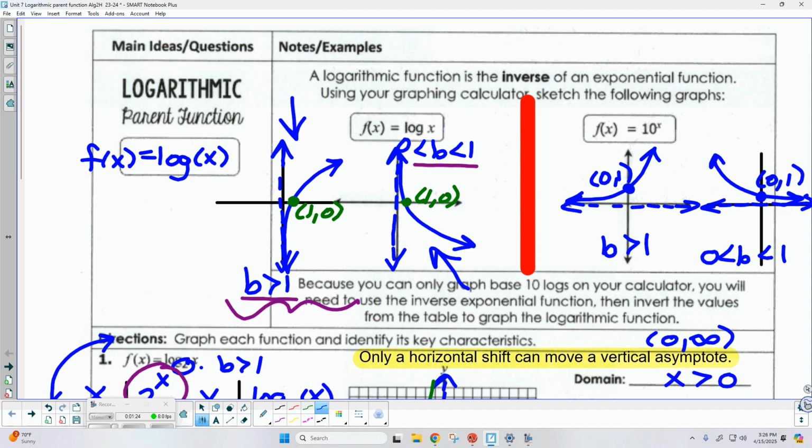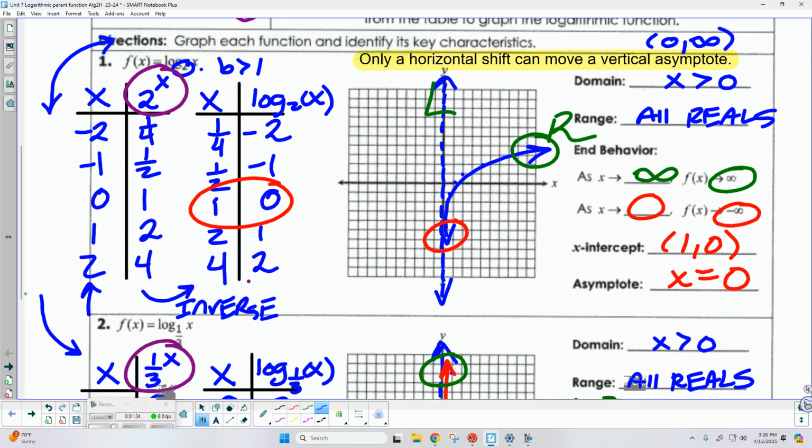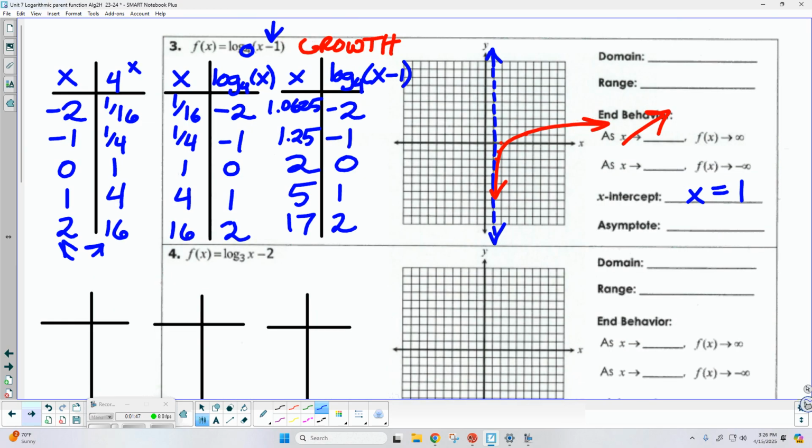Once you start to transform it, that's no longer a guarantee. It can be shifted, dilated, or reflected, anything like that. Now, the way that we're doing this is we're actually graphing the inverse parent first, the exponential, then we're taking those x's and y's, and we're just switching them. It doesn't matter if it's a growth or a decay, and we are currently on this one right here.